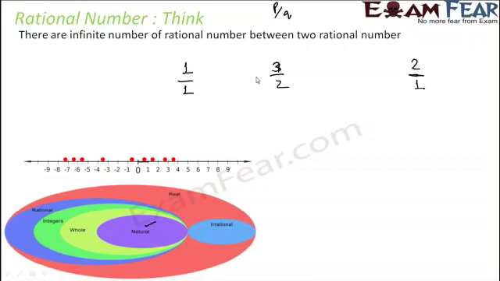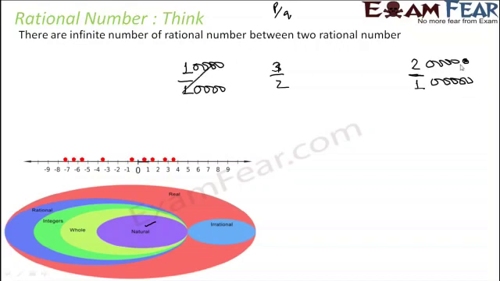Or the best way to deal with this is, let's write 3 or 4 or 5 zeros here, and here also 5 zeros, here also 5 zeros. Sorry, 4 zeros.